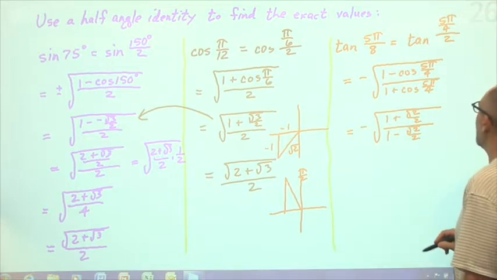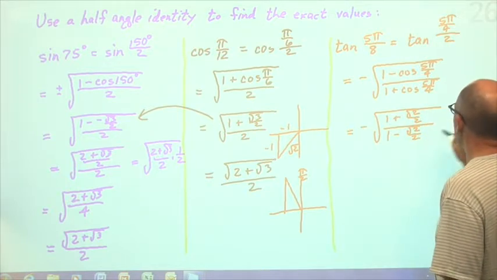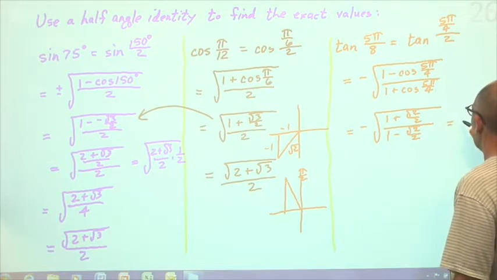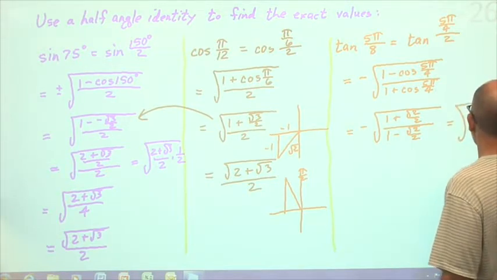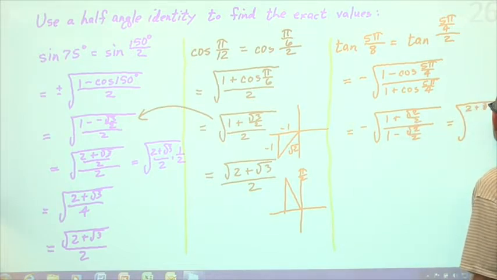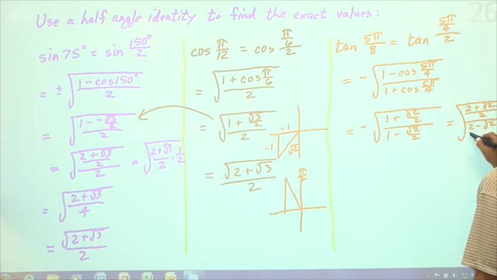All right, so now what we do is we get common denominators on the top and the bottom. We'll keep it all 1. So this becomes 2 plus square root 2 all over 2 over 2 minus square root 2 all over 2.